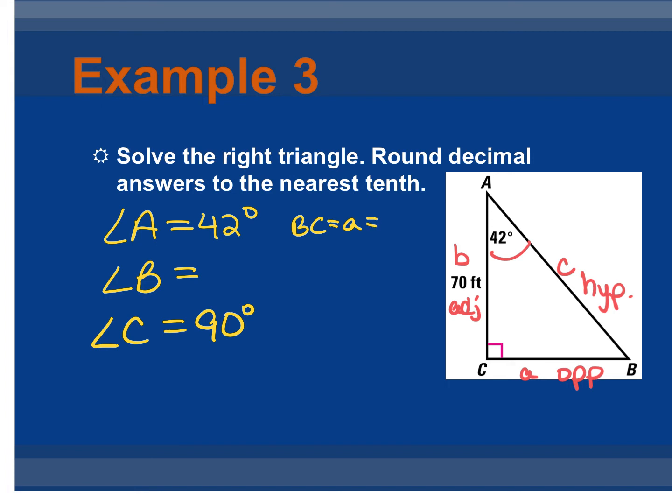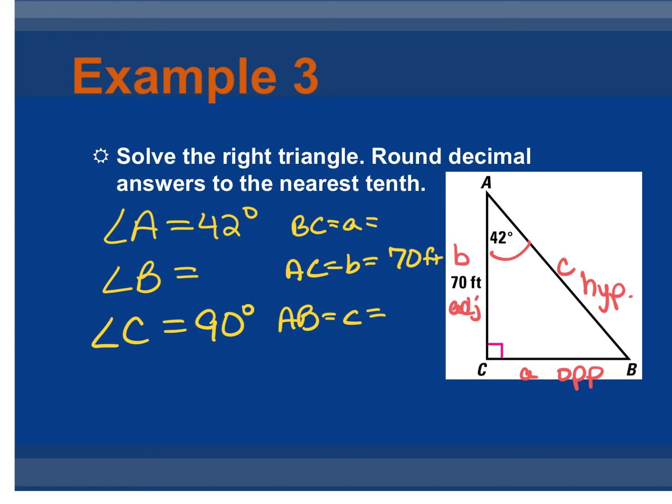And then I need to find little b, which is AC, and that was given to me. It's 70 feet. And then I need to find AB, which is my hypotenuse, little c. So when you start these problems, you should automatically be able to fill in 3 of the answers. And then you just have to find the other 3.